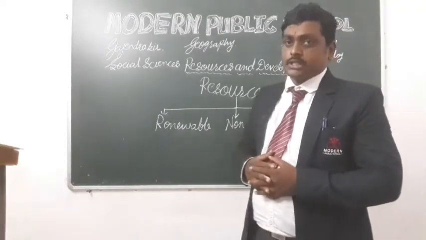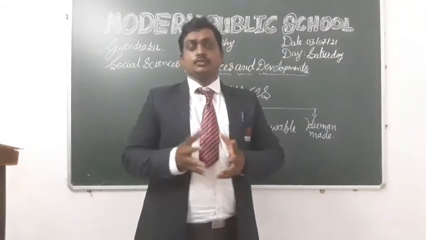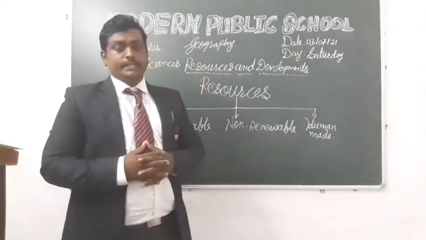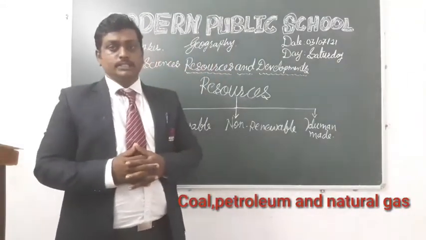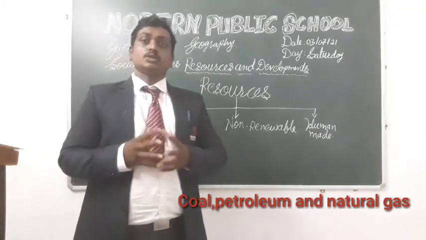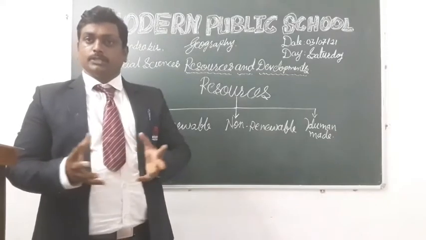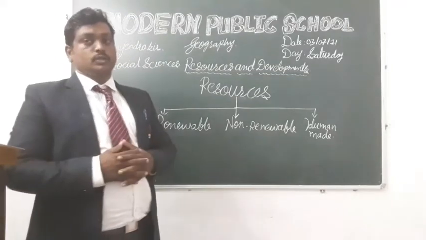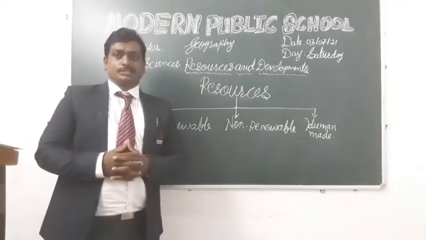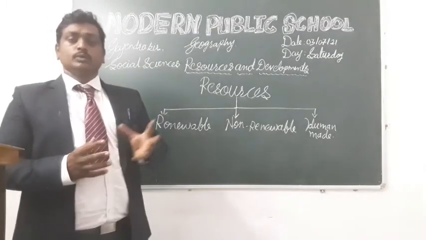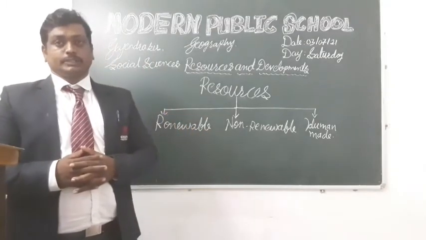Coal we use for generating electricity. We use petrol for generating energy for our vehicles. These resources are known as non-renewable resources. They will finish one day. Yes, coal, petrol, these are very limited sources. So they are known as non-renewable resources.